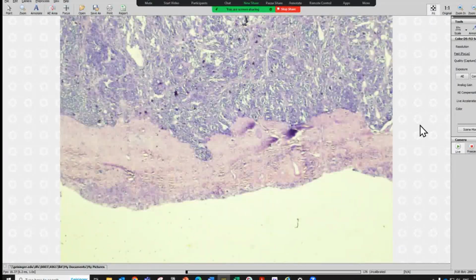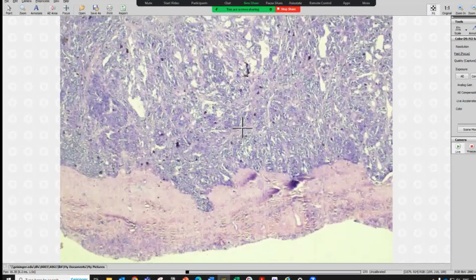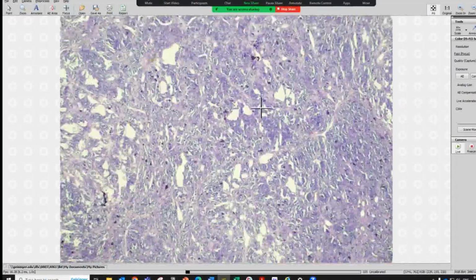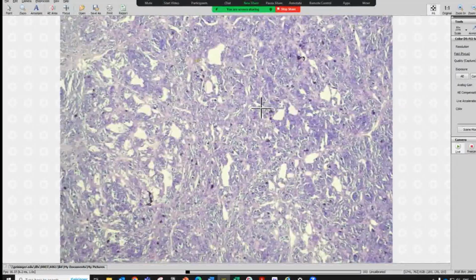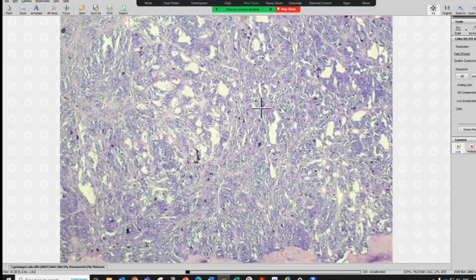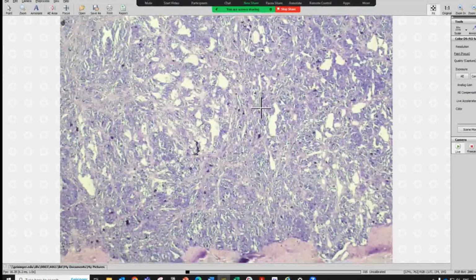Okay, this one, we also can see a really thick capsule. A little bit of normal kidney here. And even in this low power, you just think of papillary structure and then tons of these psammoma bodies. So when we see a tumor with mostly papillary structure, we need to think about our three differentials, right? Wilms tumor, metanephric adenoma, and papillary renal cell carcinoma.